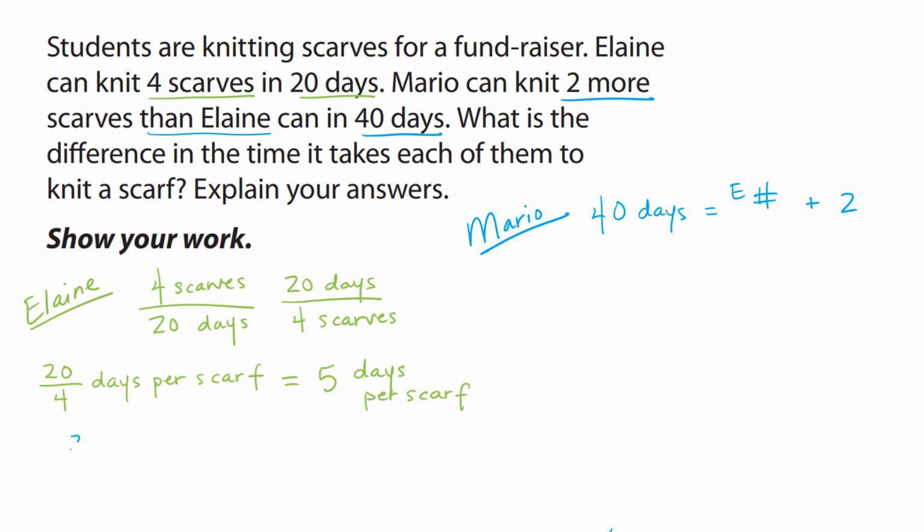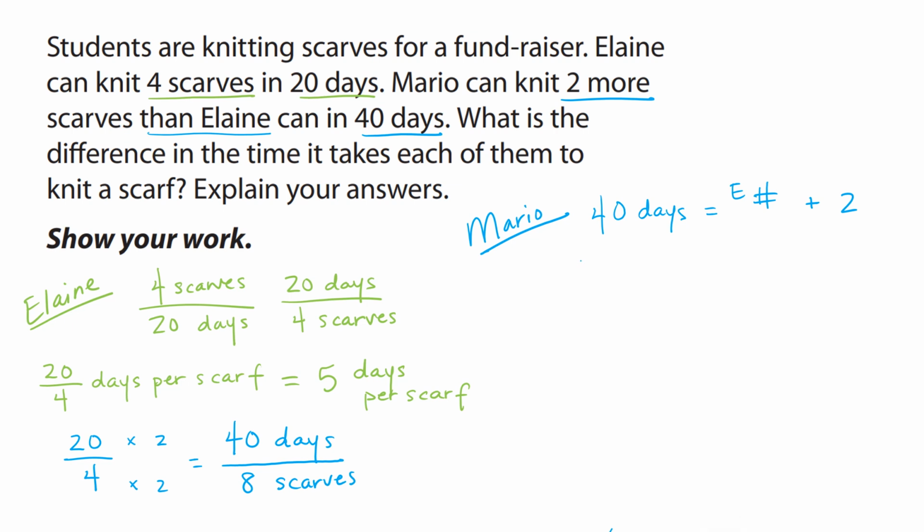If she can do 4 scarves in 20 days, 20 times 2 is 40 days. And I just keep an equivalent rate by multiplying both numerator and denominator by the same thing. So 4 times 2 is 8 scarves. So in 40 days, Elaine can knit 8 scarves.